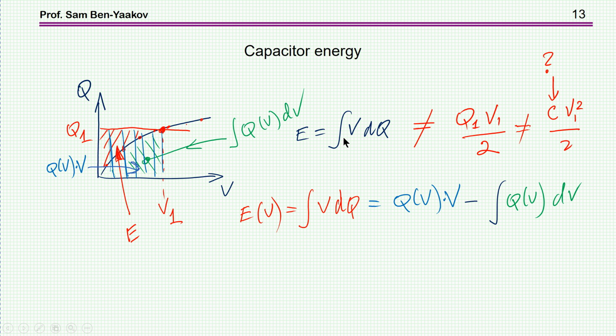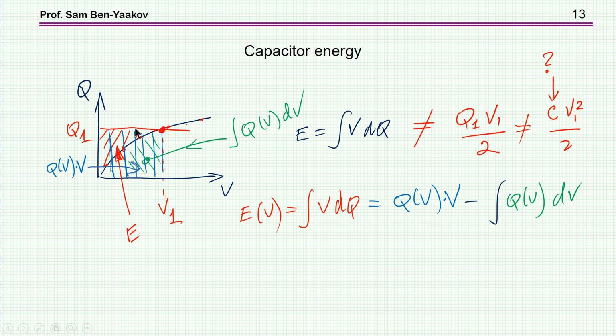Now, this integral is not easy to get directly. As it turns out, this integral is this red area here. In order to get this energy, we can take the difference between this rectangular area, which is Q times V, where this is V and this is Q, the blue area, and subtract from it this area, which is the integral of Q as a function of V, dV.